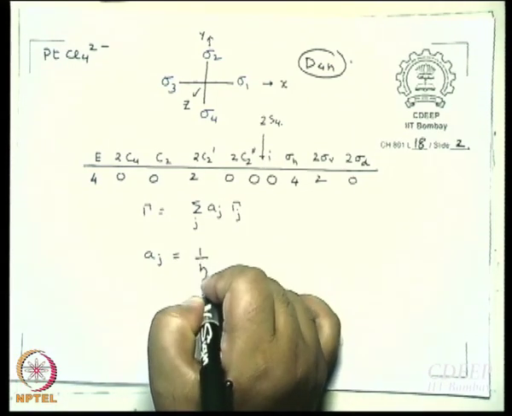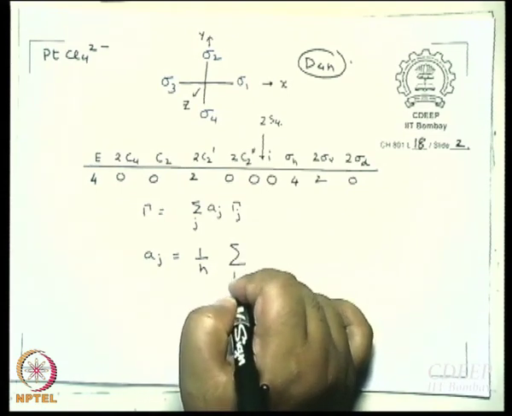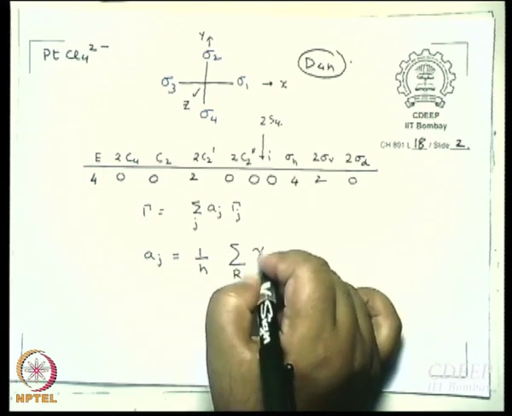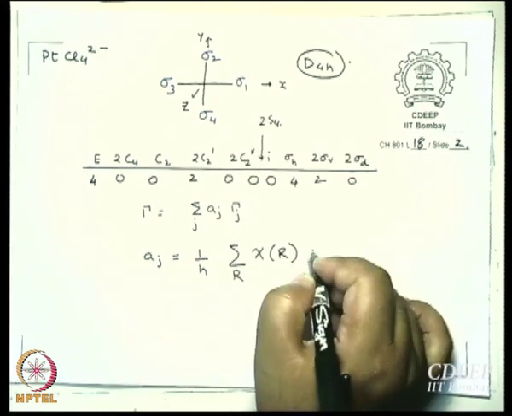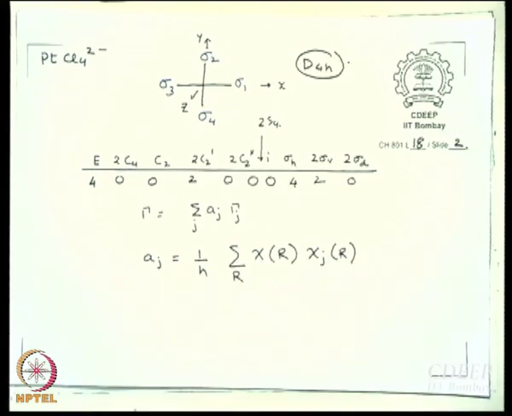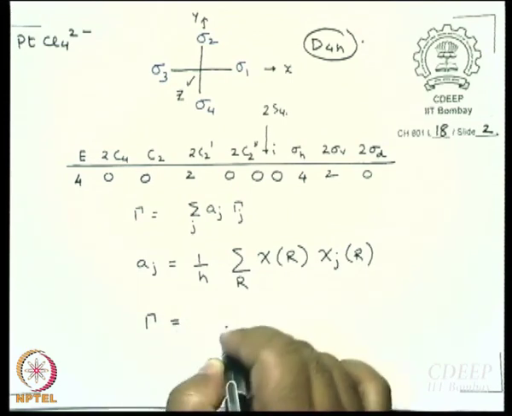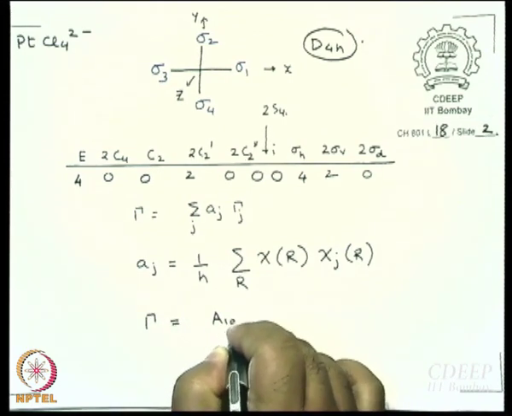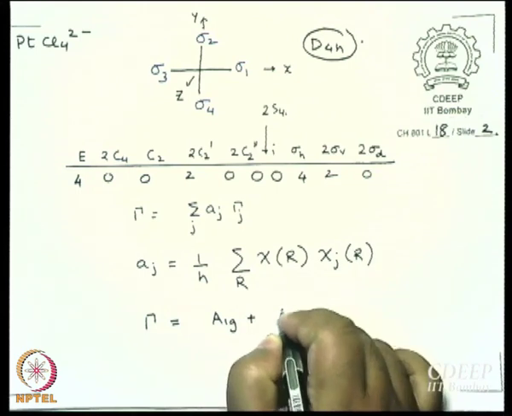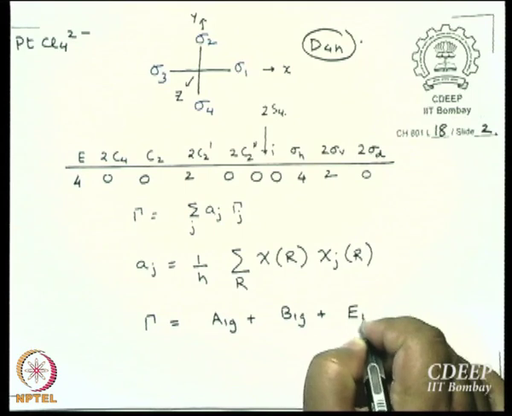One by h, sum over R, chi j(R). If it is Aj, it has to be chi j(R). Should not write chi i(R). Okay, so now I will show you the character table. Please work out the Aj's. So what I get is gamma equals A1g plus B1g plus Eu.